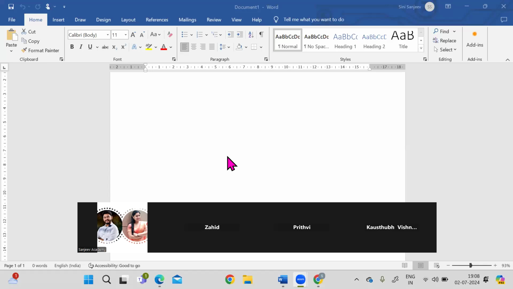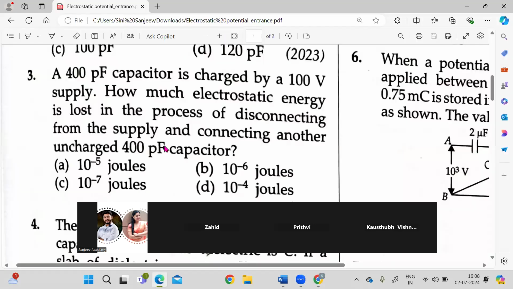So I think you're able to see the screen, right?